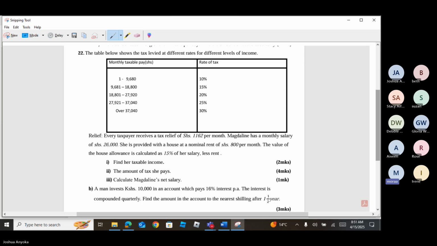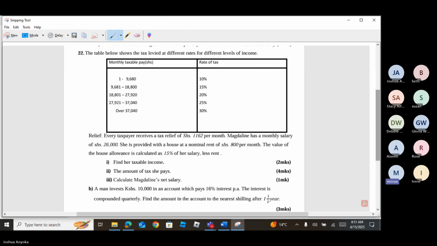Mtu anasoma. Wewe mwenye anaongea asome. Mwenye ameunmute microphone asome. Yaani, you are writing the question ama nini?